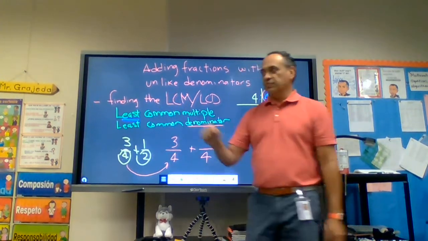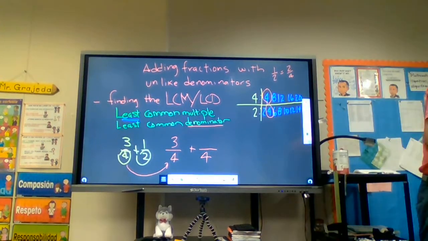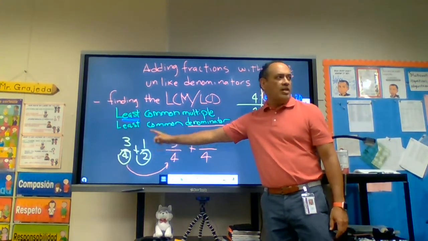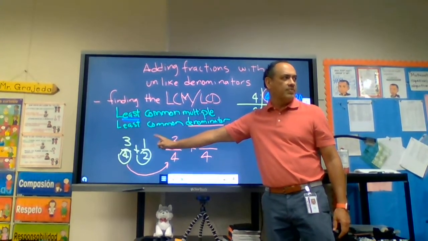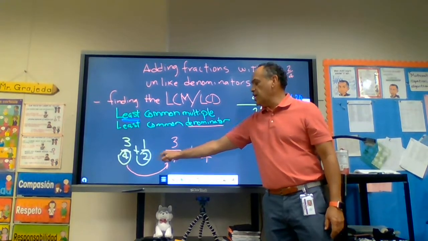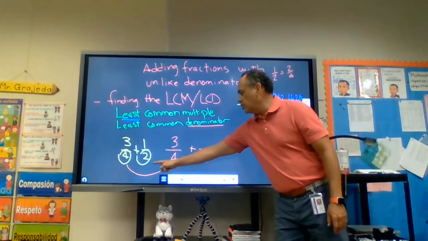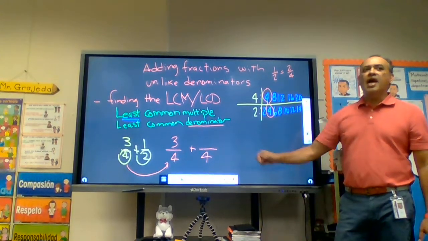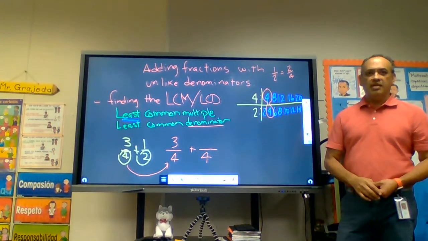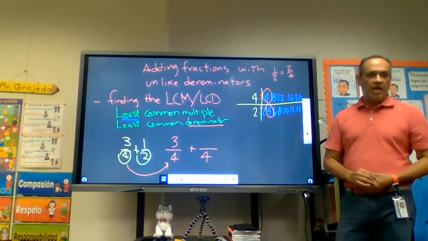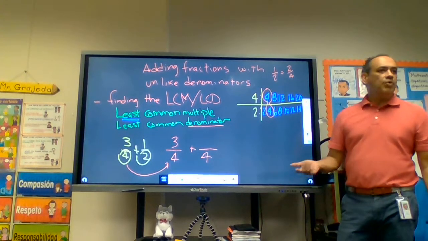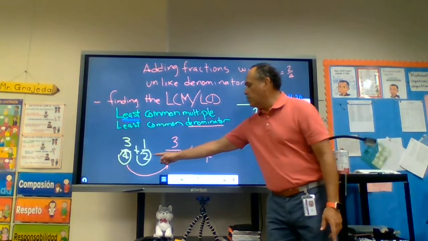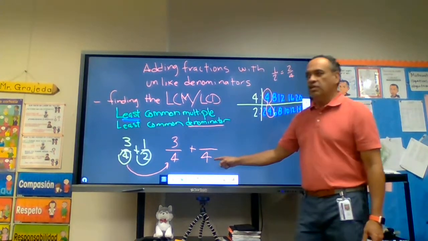But remember, we have two. Now, this is the part that looks different. This is the one that we need to change. For this, you see that the new denominator is 4. Now we need to find an equivalent fraction for that. It's very simple. All we need to ask ourselves is, what number multiplied times 2 gives me 4?